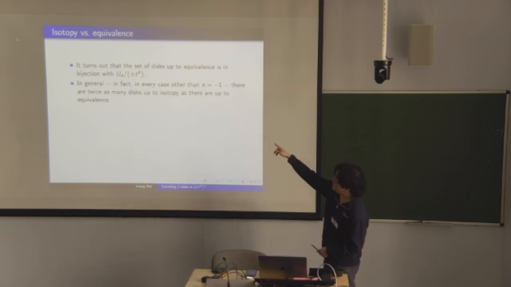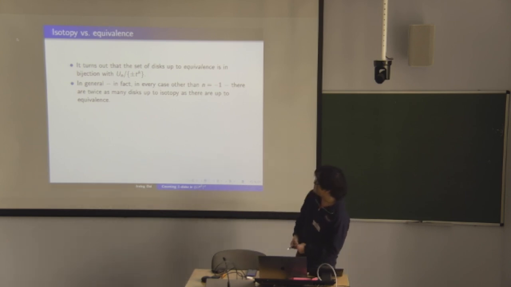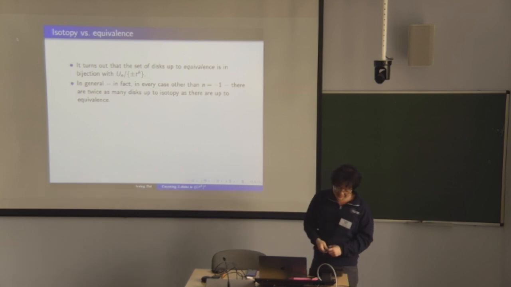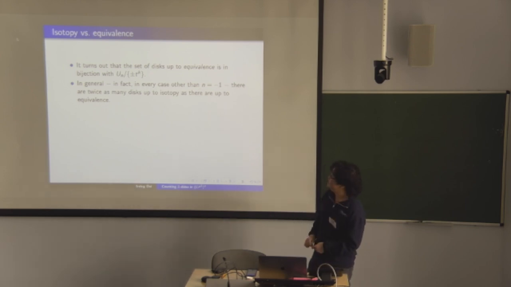When I mod out by t to the k to count the number of disks up to isotopy, as long as plus and minus 1 are distinct inside of U_n mod t to the k, there's this leftover plus minus 1. If I quotient by that, I get the number of disks up to equivalence, which will generally cut the number of disks in half. Except in certain cases, for example n equals minus 1, plus minus 1 are the same elements in U_n mod t to the k, so I don't reduce the number of disks.